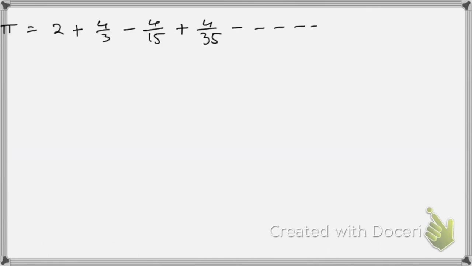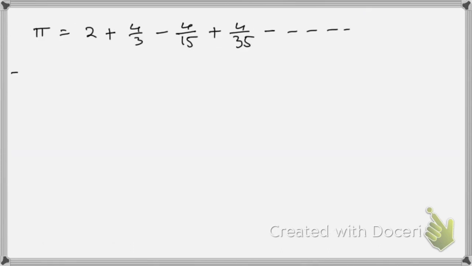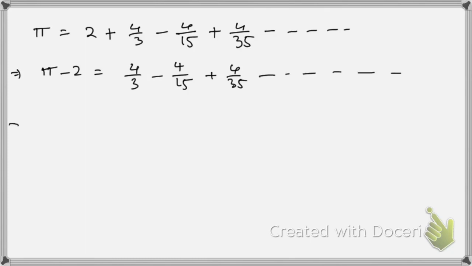So here is the last result we have got, and if you simplify this, what you're gonna have, pi minus 2 is equal to 4 by 3 minus 4 by 15 plus 4 by 35 and so on, right. So divide both sides by 4, then you're gonna have pi minus 2 by 4 and here 1 by 3, then minus, and 3 can be written as 1 into 3, 15 can be written as 3 into 5.